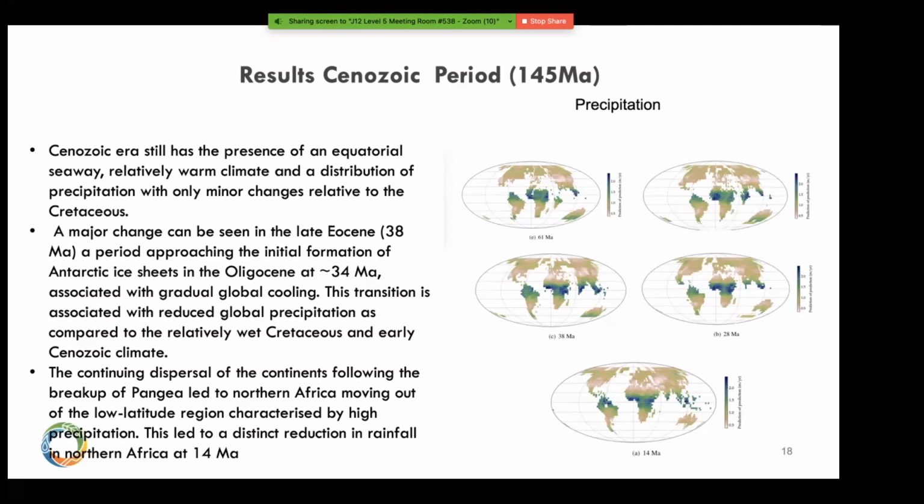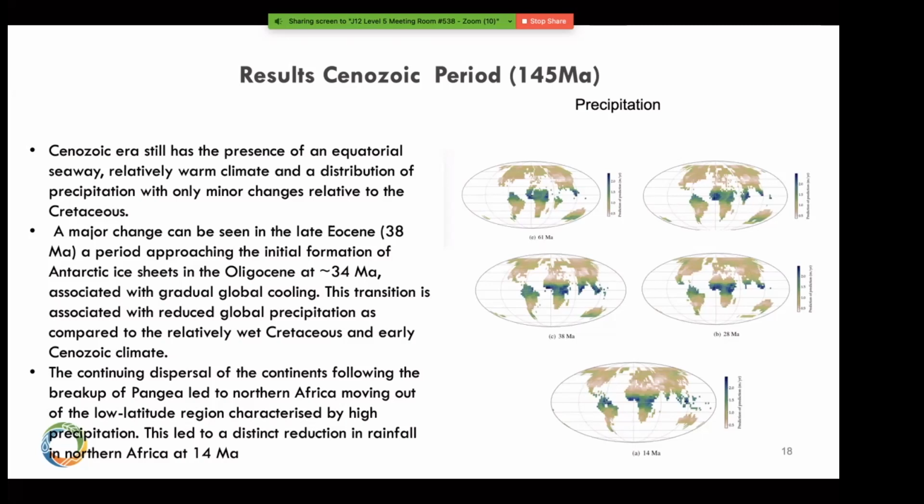It's gone from here where it's all wet, and then now it's in that area where it's very dry, which is much more consistent with what we see now. This is only 14 million years ago, of these very dry, arid regions which were once very wet in the past as a result of their latitude.